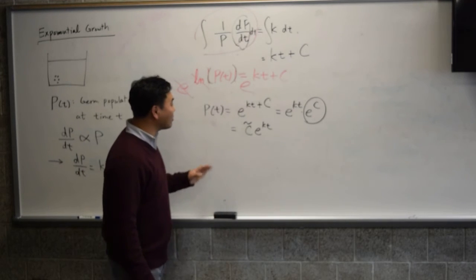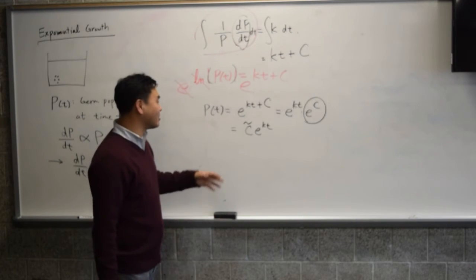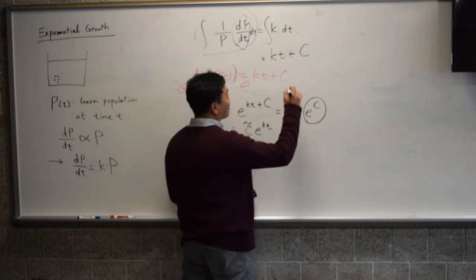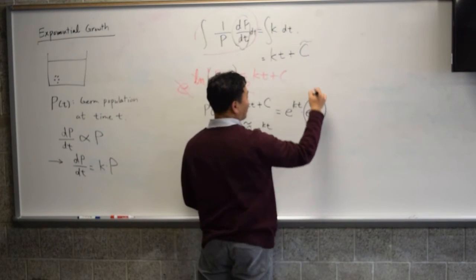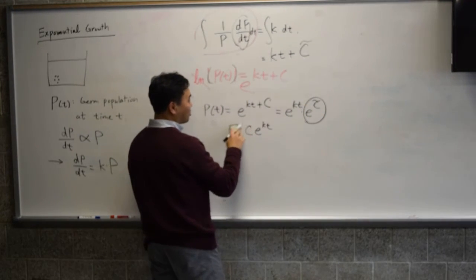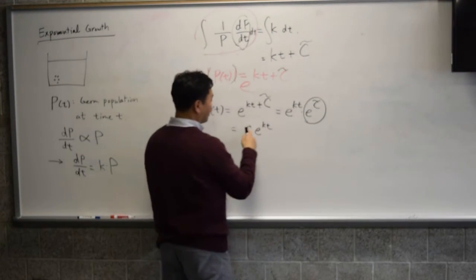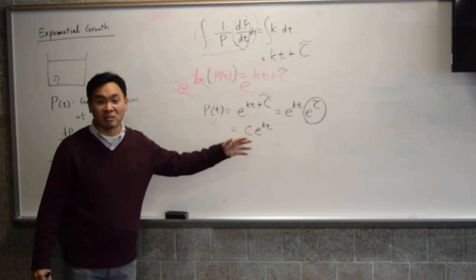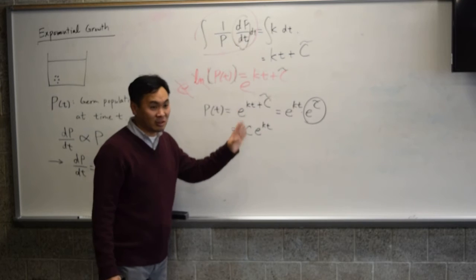And in the final form, I can even drop this tilde and just call it c. That's cleaner, right? So in the final form, we don't have to explain ourselves why that tilde is there.